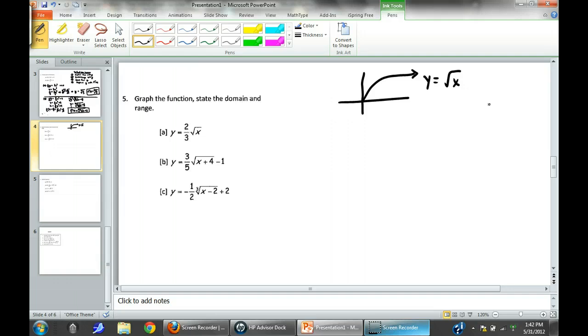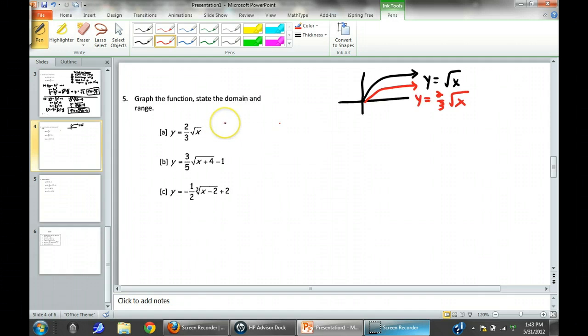For every x that we plug in, times it by 2/3 means it's 66% as high as it used to be. And so we don't have to be exact. We can just sort of draw a graph that will be compressed or shrunken vertically. Just picture yourself pushing in from the top and the bottom, and it just looks like that. That's good enough. We'll call that 2/3 square root of x.